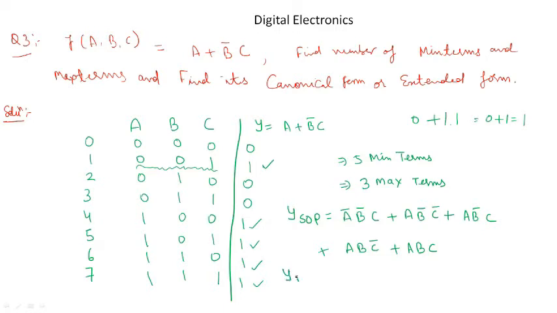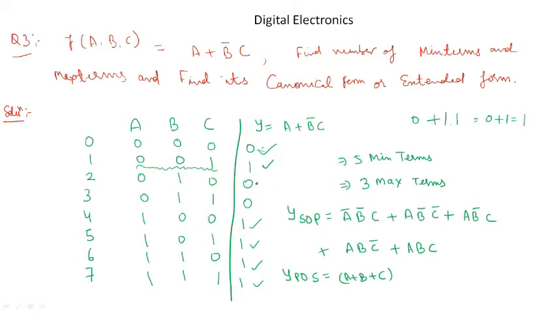The POS form will be written as follows. Here we have the output 0, so its POS form will be A plus B plus C. You know that POS is product of sum. So first we will make the sum and then we'll make the product.